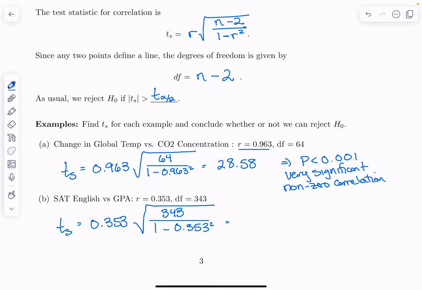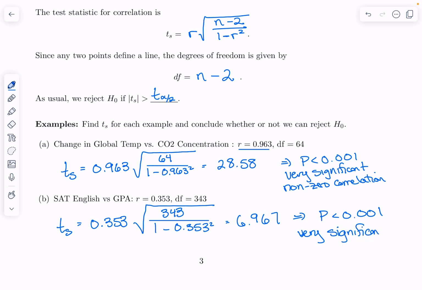Now, if we work that out, that's going to end up being 6.967. So this t-statistic is also quite large. A t-statistic of 6 is generally way off the chart. And so our p-value in this case is going to be less than 0.001, which means we have a very significant non-zero correlation.